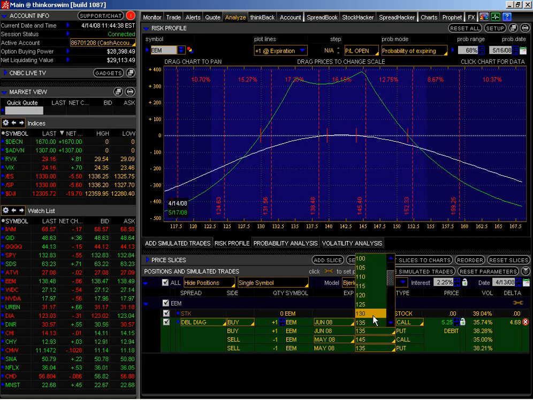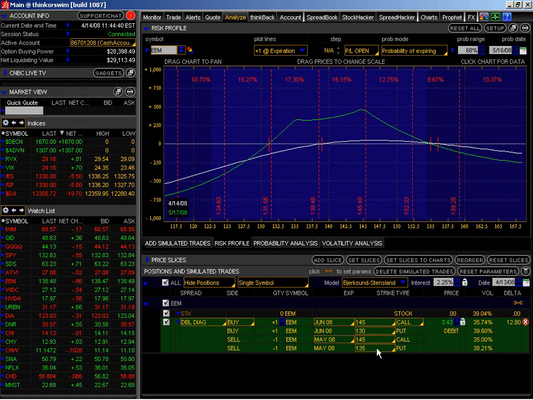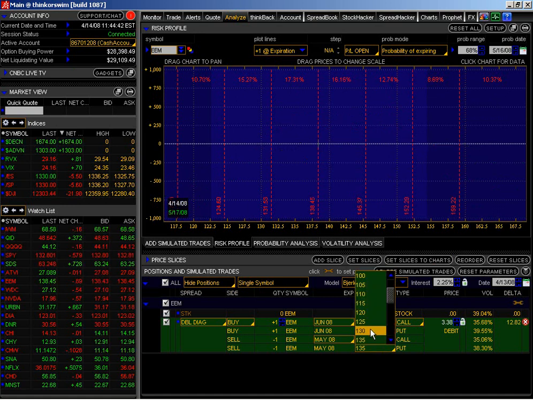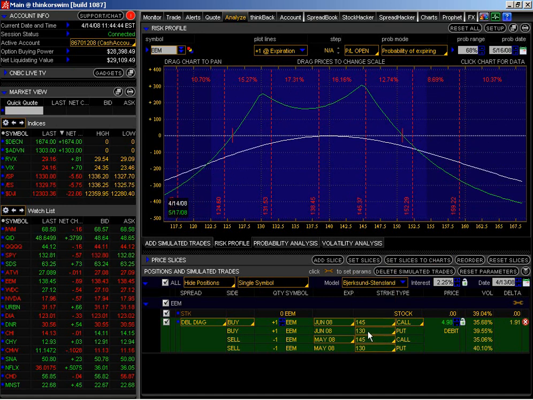But since it may appear that we're still following that downtrend channel, we're going to keep our puts at the 130 level and our calls at the 145 level. And I think that'll work out very well for us here. We're pretty much in the center, so we could go down, we could go up. It doesn't matter too much. We'll still be in a profitable position.